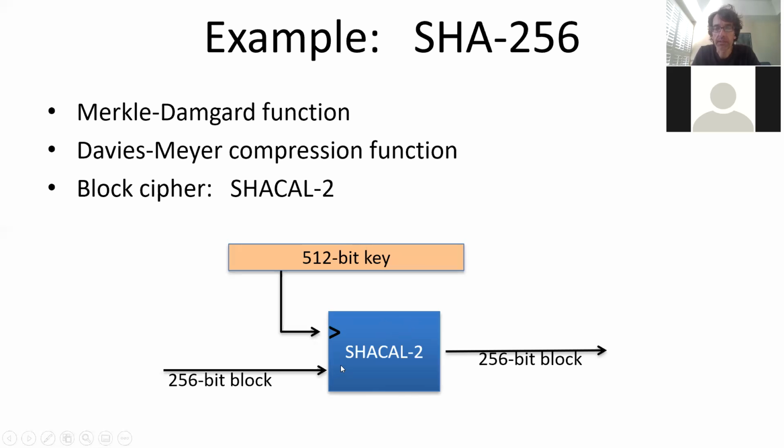So there are strong requirements on what this block cipher should guarantee, and they are non-standard, right? Because the standard notion of a PRF or a PRP, which is a standard notion of block cipher security, considers its behavior on a random key.